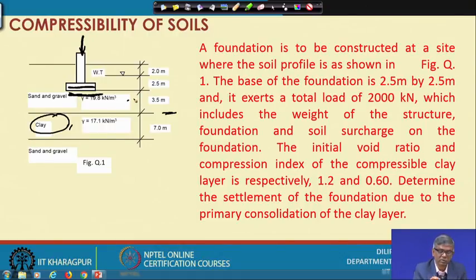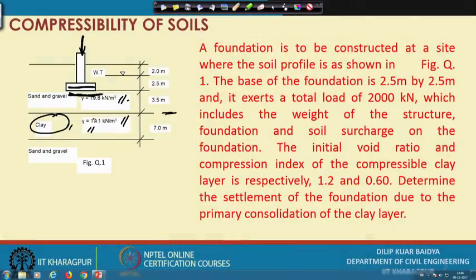So, that means to find out the total settlement, we need to find the elastic settlement for this layer, the elastic settlement for this layer, and then the consolidation settlement of this layer. But in this problem, to make it simple, we have eliminated all those things, and we have learned just now how to calculate the consolidation settlement. So I want to explain how to estimate the consolidation settlement only.